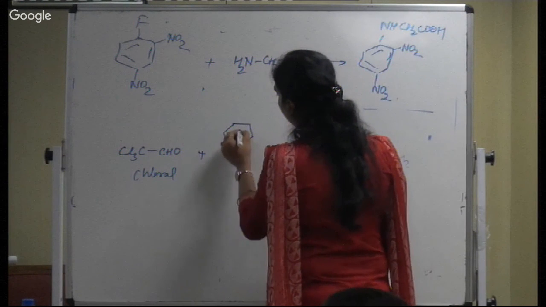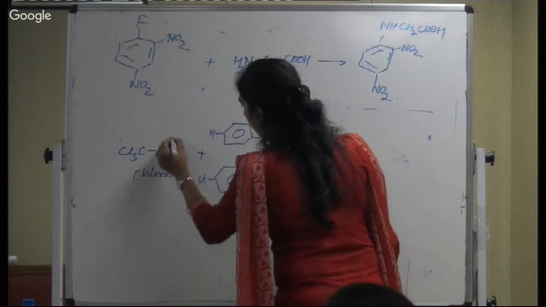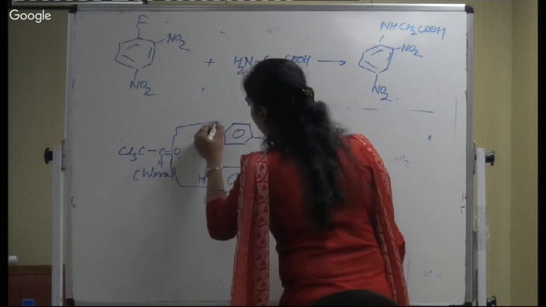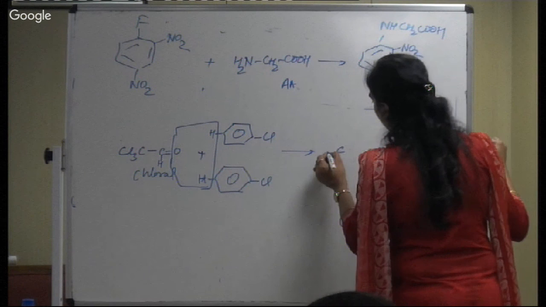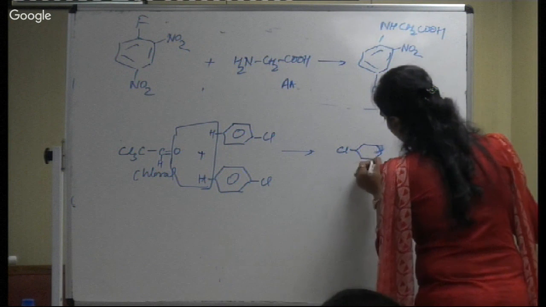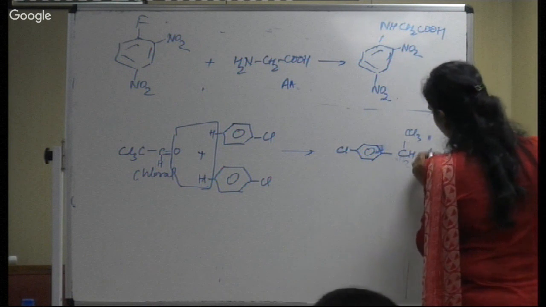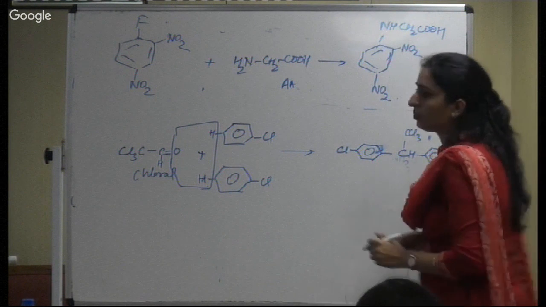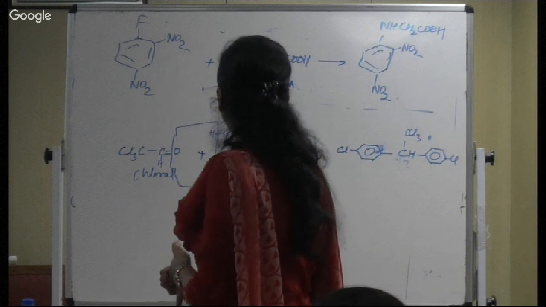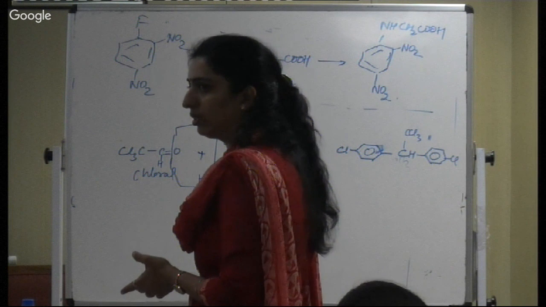Treated with chlorobenzene, you get 2,2-bis(para-chlorophenyl)-1,1,1-trichloroethane. This is your DDT.